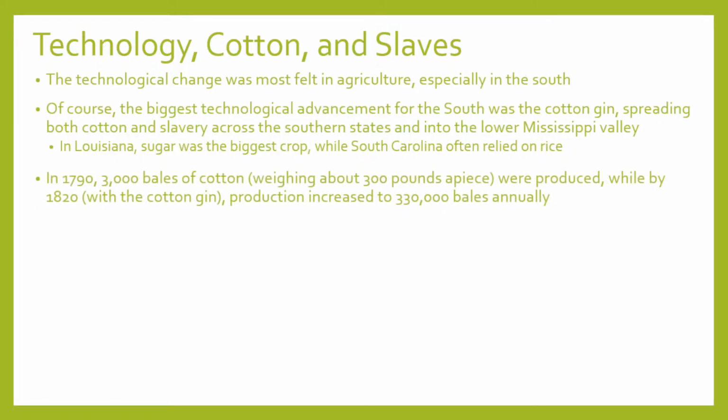So to give you guys an example of how ridiculously fast this stuff grew, 1790, just before the cotton gin was introduced, 3,000 bales of cotton, which weighed about 300 pounds apiece, were produced and distributed, shipped, whatever.